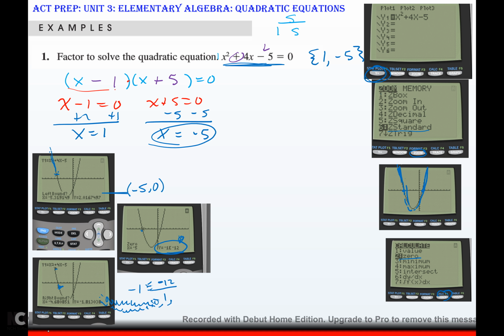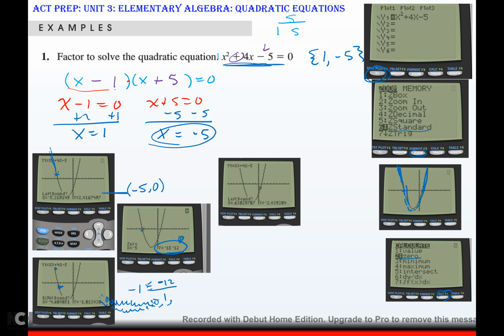Now we have to do the exact same thing to find the other one. So I go back to second calc again. You have to go second 0 and pick 0. But now, your cursor was here, so you're coming around, and now for the left bound, as you're approaching the next x-intercept, before you get there, you stop, which in this case puts the left bound below the x-axis.